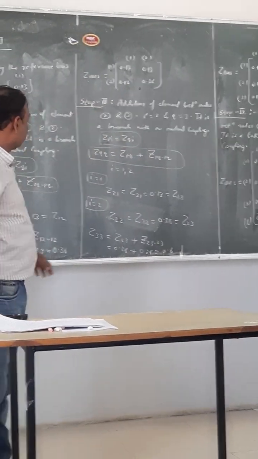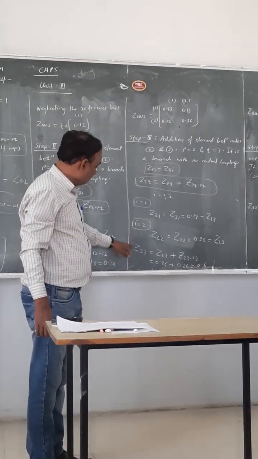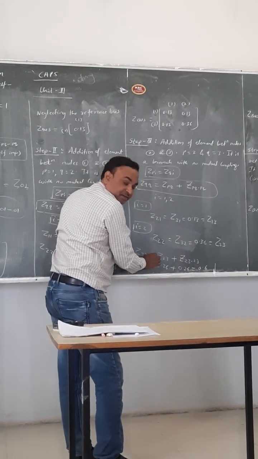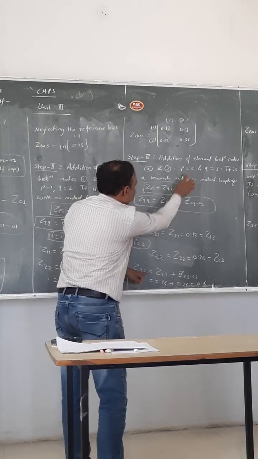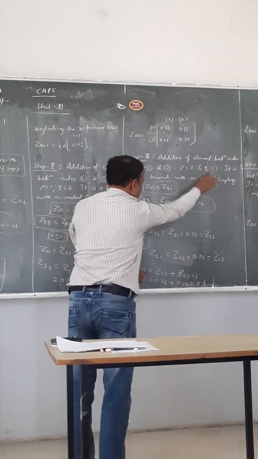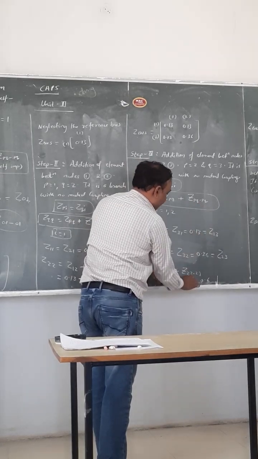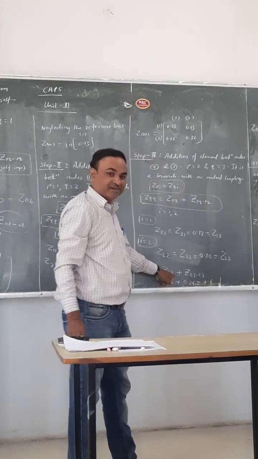Yes. Now we will calculate Z33. What is the value of Q? 3. So Z33 equal to Z23, what is the value of P? 2. What is the value of Q? 3. Plus Z23 dash 23. Is it clear? Yes.